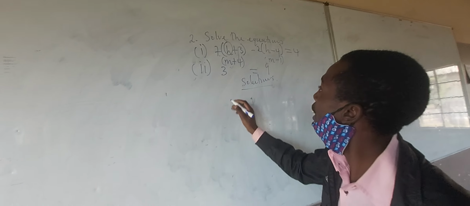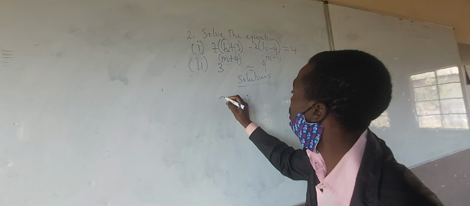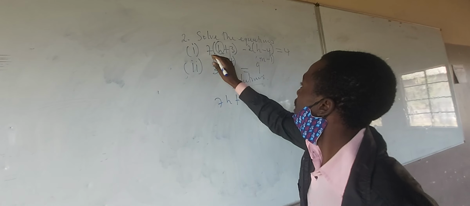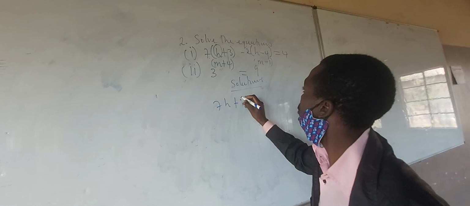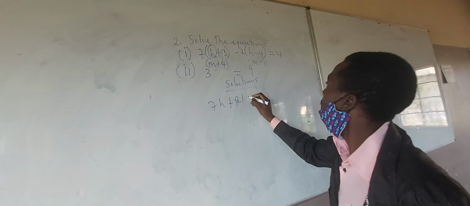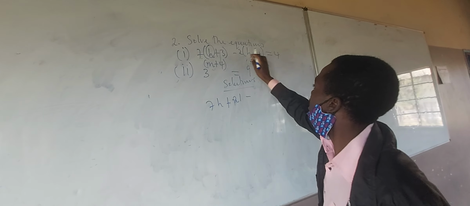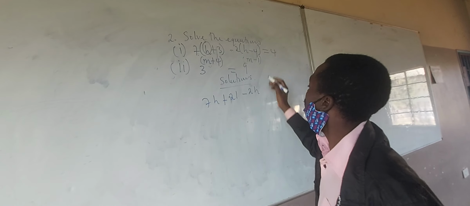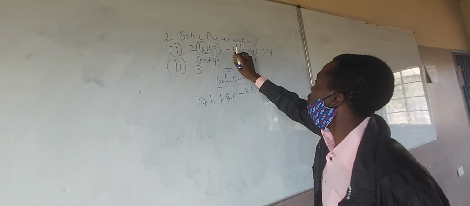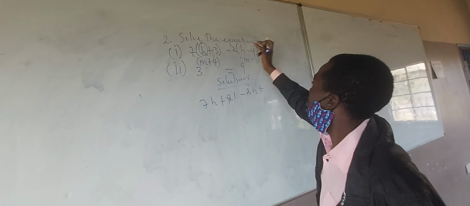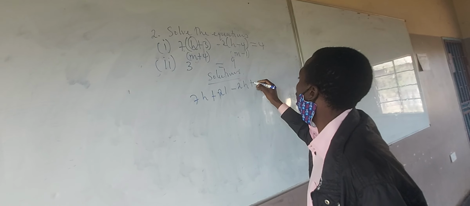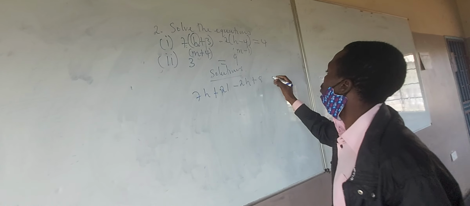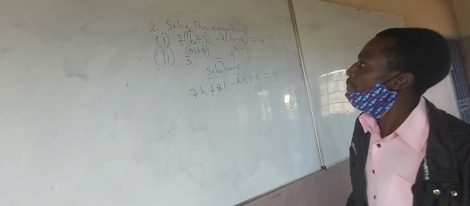And we get 7 times h, we get 7h, plus 7 times 3, we get 21, minus 2 times h, we get 2h. Negative times negative, we get a positive. Negative 2 times 4, we get positive 8, which is equivalent to 4, right?